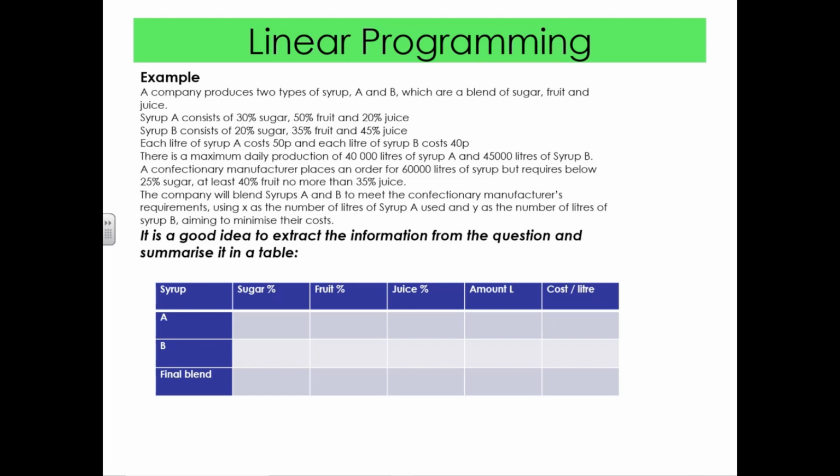So there's a lot going on in this one, a lot of information that needs summarizing. So a good idea might be to put it in a little table or highlight it. So we've got 2 types of syrup, syrup A and syrup B, blending sugar, fruit and juice. It tells you the percentages of each of the syrups, which is worth jotting in your table here.